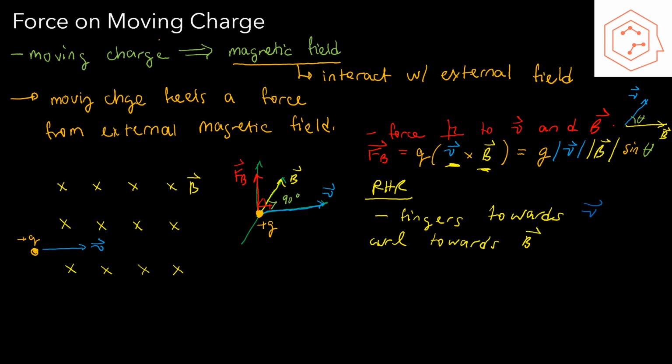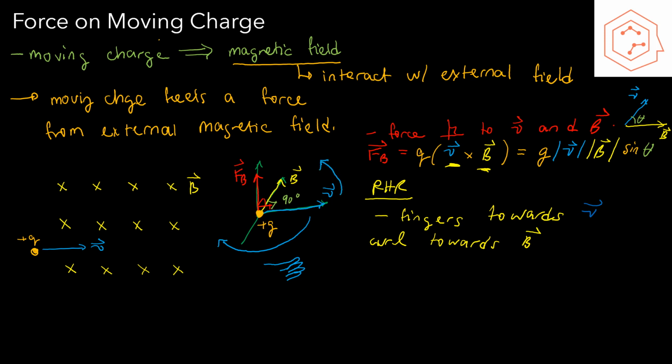So in this case, we point our fingers with our right hand towards the velocity vector. And then you'll see that the natural direction that you want to curl towards is going to be the shortest direction. So we can curl either this way or we can curl this way.